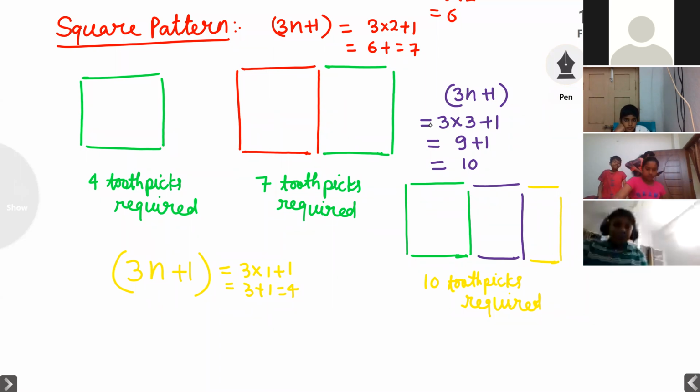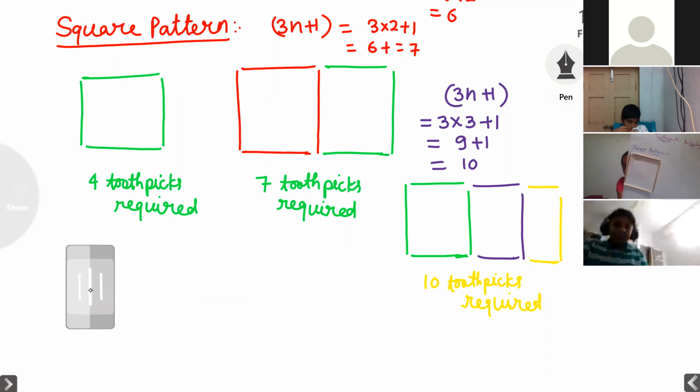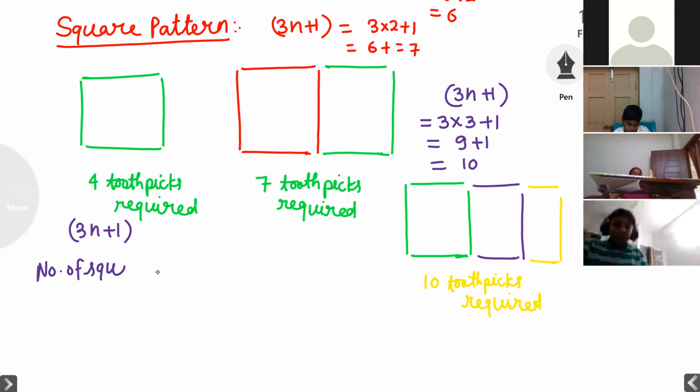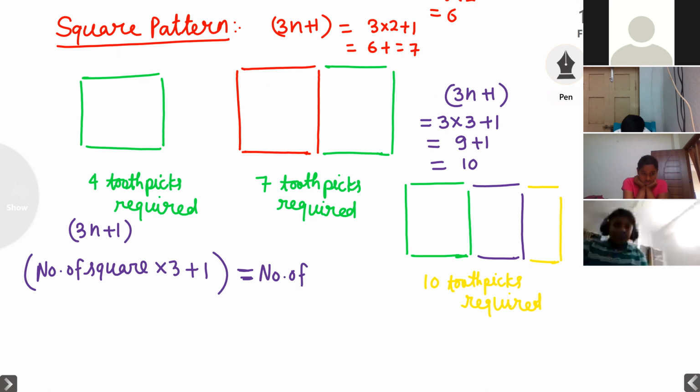It means number of squares into 3 plus 1 equals number of toothpicks required.